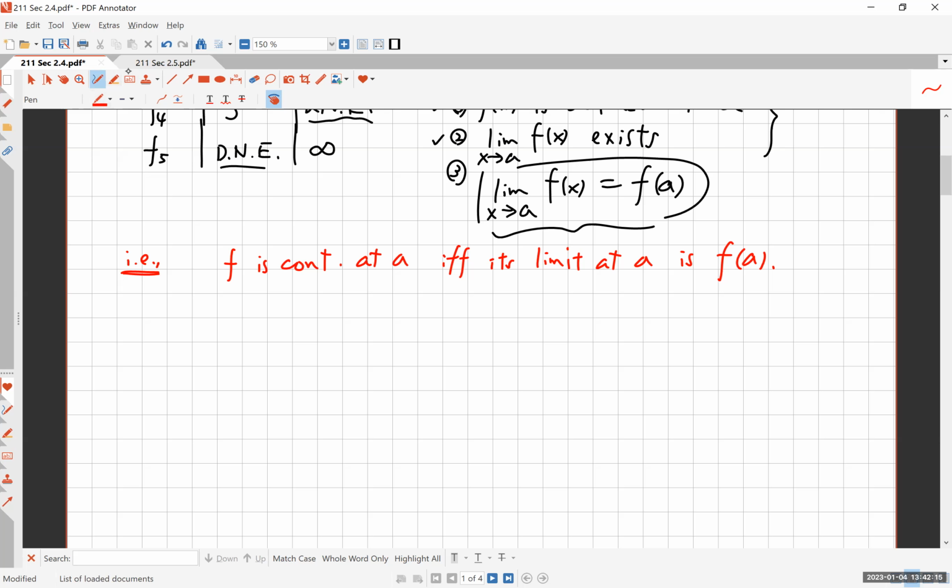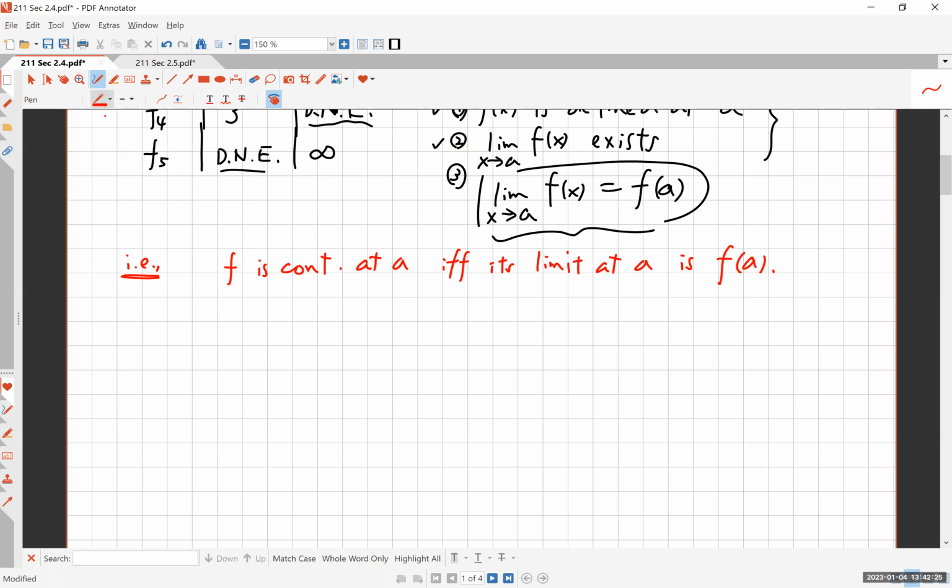And there's even a higher level of continuity that you can study. So this idea of continuity turns out to be one of those core fundamental ideas of all of mathematics. But anyway, you can wait until you study more advanced definitions. At this point, this definition would be good for continuity at a point.